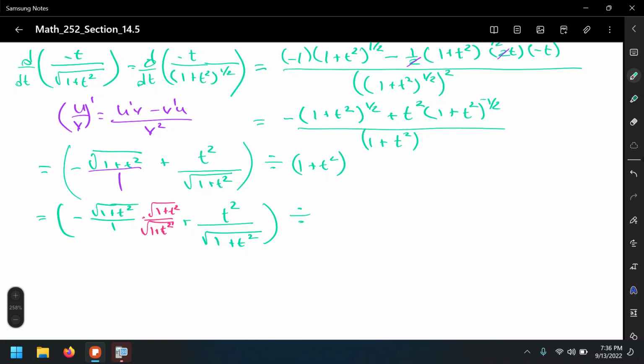That divided by 1 plus t squared. We will take care of the division in the end.